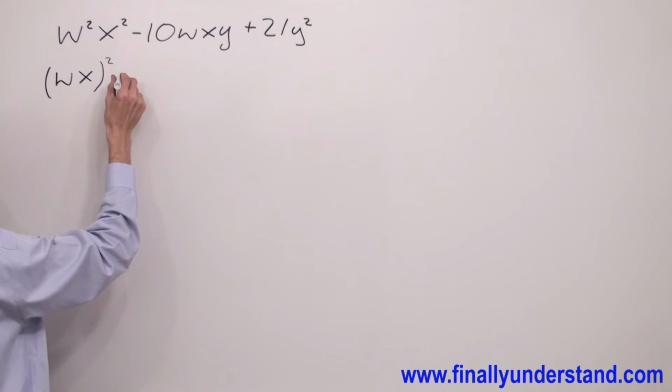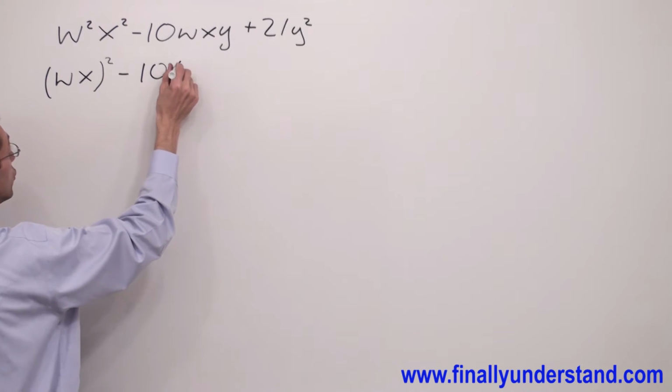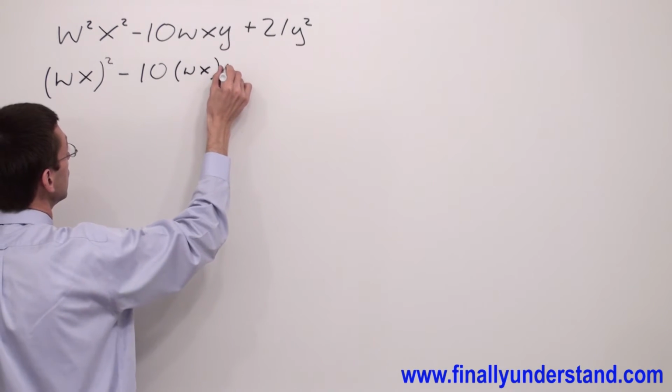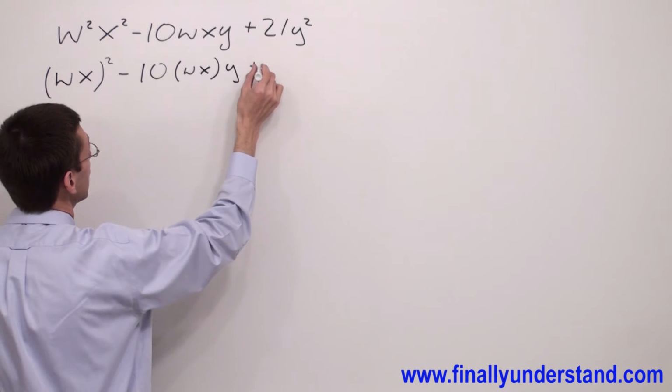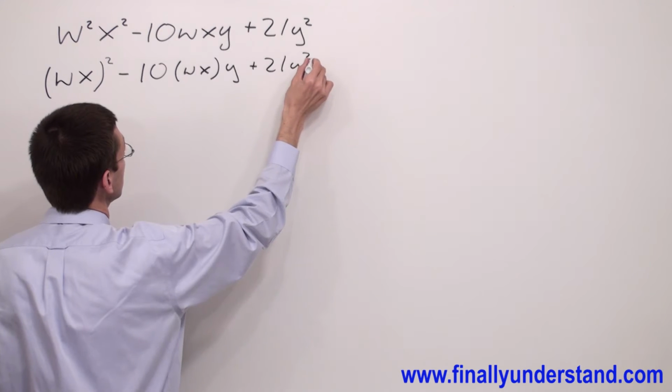It's the same thing. Minus 10, and I'm going to write wx inside of the parentheses times y plus 21y squared.